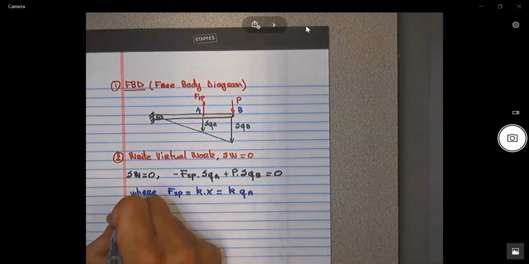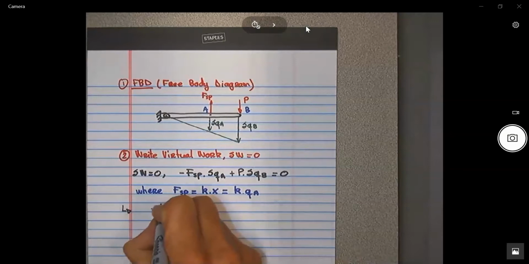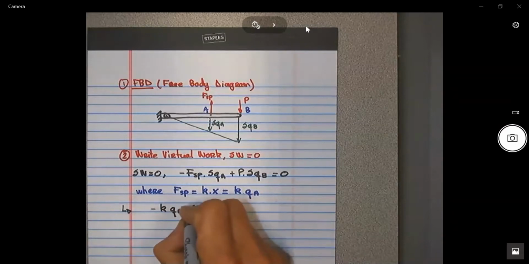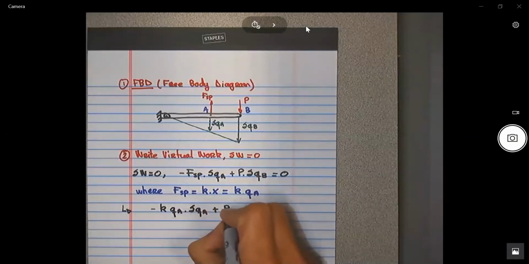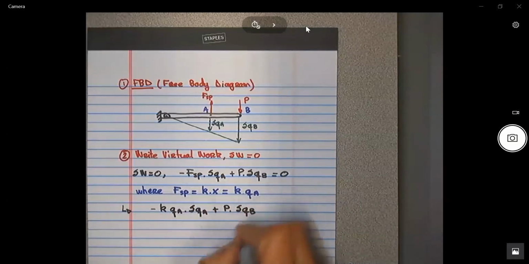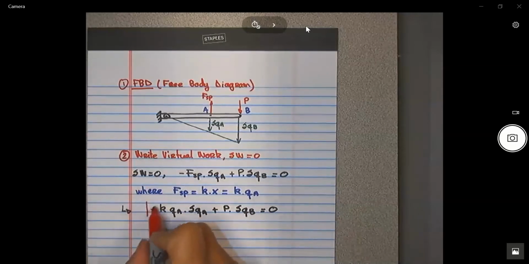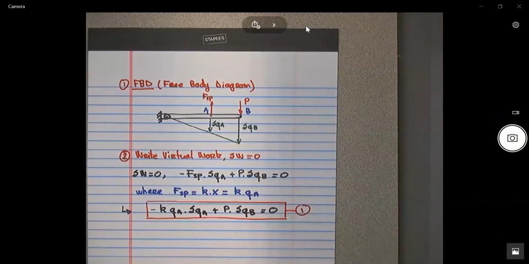That means that the above equation we can rewrite as minus K Q sub A delta Q sub A plus P delta Q sub B equal to 0. And this will be our first equation.